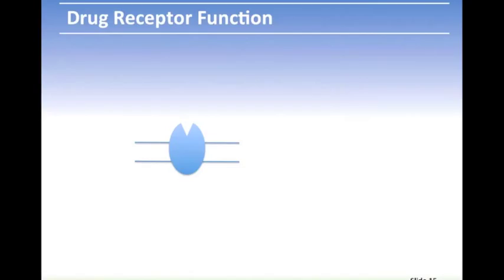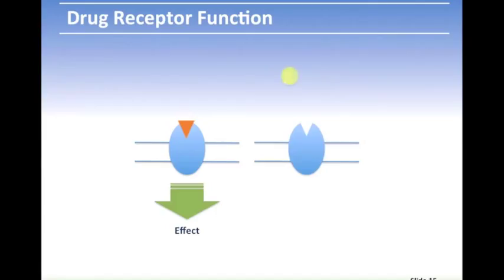This cartoon represents the binding of a drug to its receptor. The binding triggers the drug effect. However, if the drug does not bind to the receptor because of the lack of a good fit, then no effect is observed.